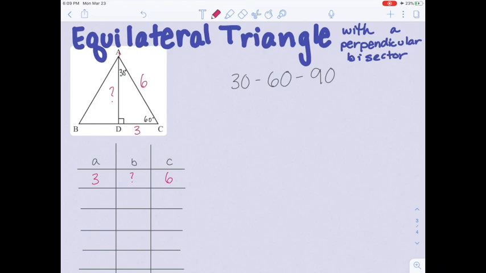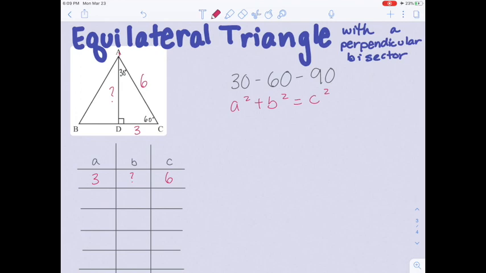Since we have 2 sides of a right triangle, what can we use to find the third side? That third side can be found using the Pythagorean theorem: a squared plus b squared equals c squared. I chose to put them in order of increasing value, so A is the smallest, B the medium, C the largest.